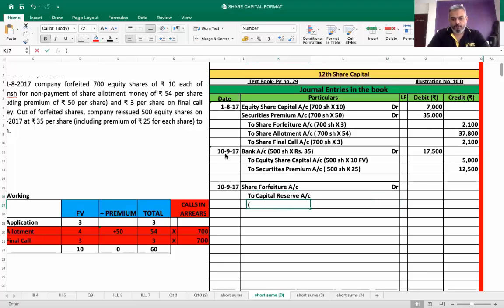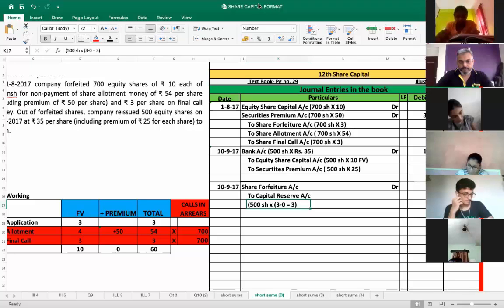Now we have forfeited 700 shares, but we reissued only 500 shares into profit per share. So we forfeited 3 per share, but we gave a discount of 0, which is equal to 3 rupees per share is the profit we have made. So 1,500. Understood this? Understood 1,500?